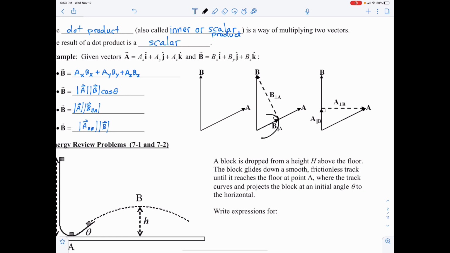You would need the parallel component of B times A to get the dot product of those two vectors. Or similarly, you could go the magnitude of vector B times the parallel component of vector A that's pointing in the same direction as B.